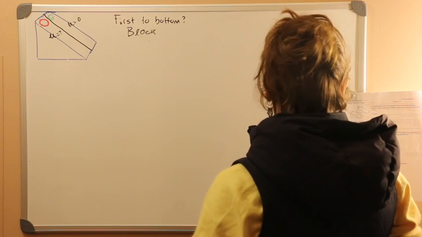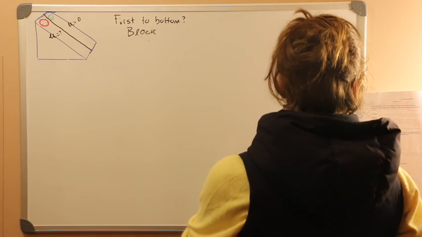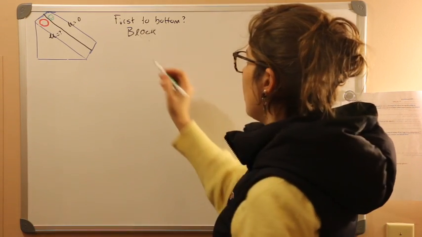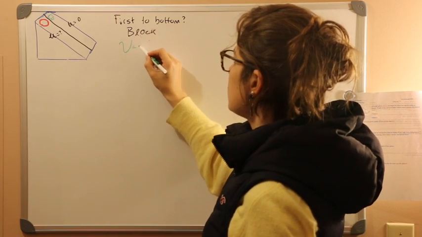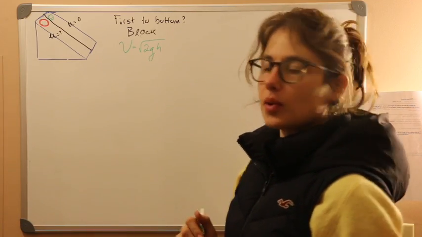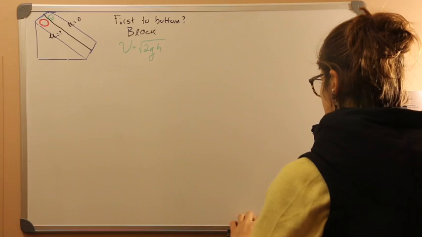So it then asks us to define the velocity for each one. Our velocity for our cube is exactly the same as earlier in the video, mgh equals 1/2 mv squared. So that's that.